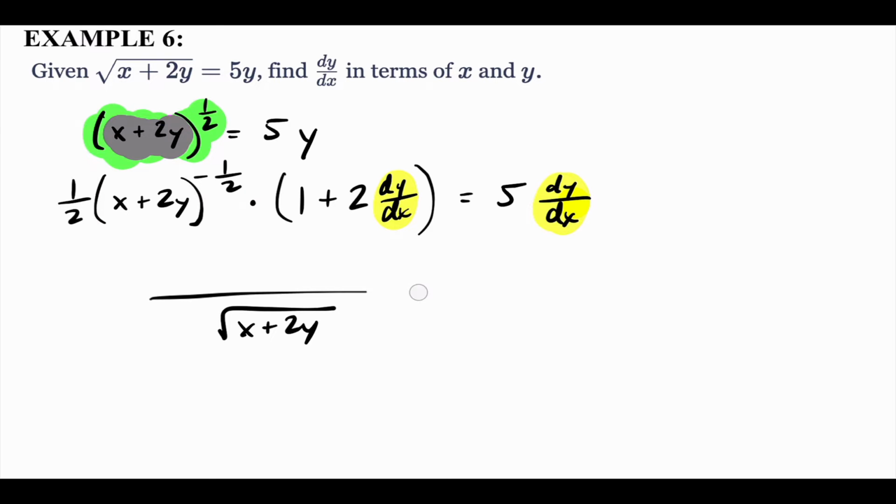The 2 is going to move with it. The 1 is going to stay on top. And then this guy is going to stay up here as well.